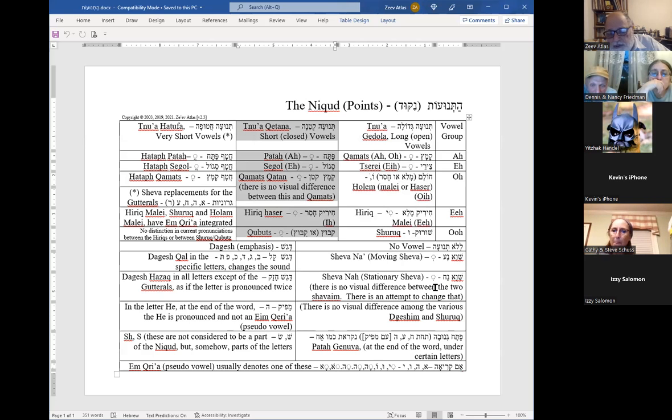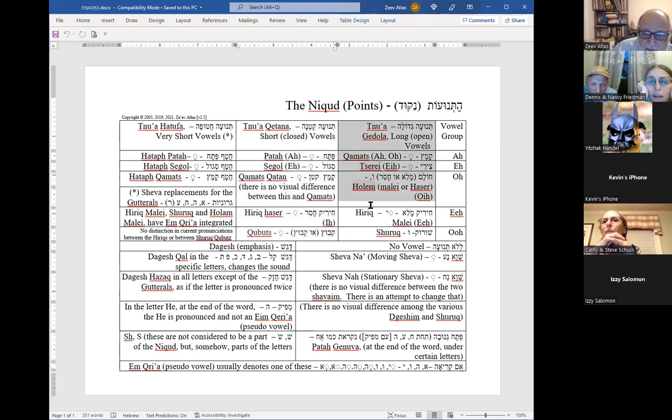Is there anybody who doesn't know how they look, or if the picture is too small, I'll make it larger? Any question? Okay. The reason it is important to know about the two families of vowels is because of the syllables.